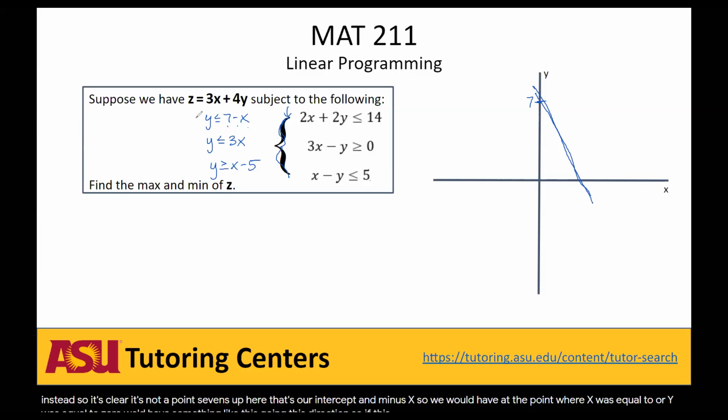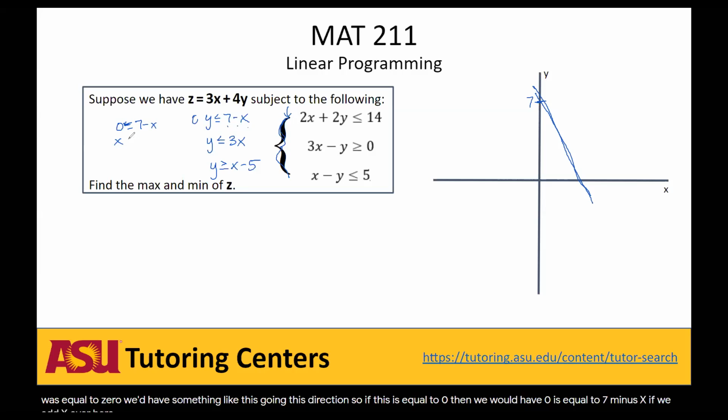So if this is equal to 0, then we would have 0 is equal to 7 minus x. If we add x over here, we have 7 equals x. So really this line is a little bit less slanted than this. It's more like something like that.